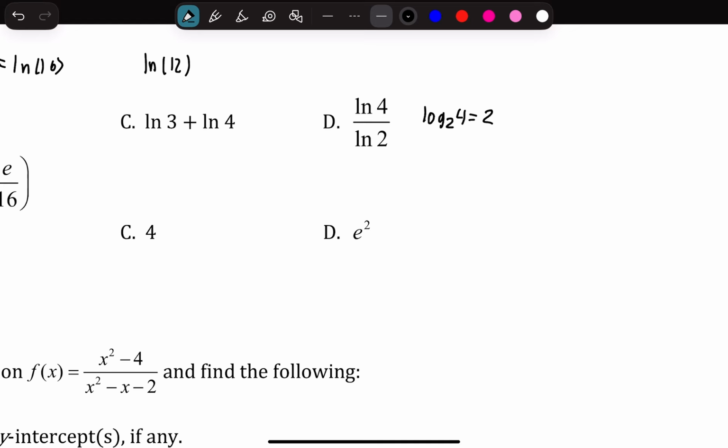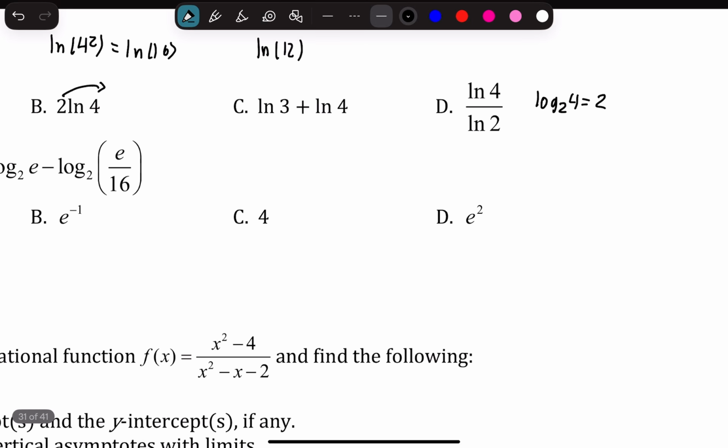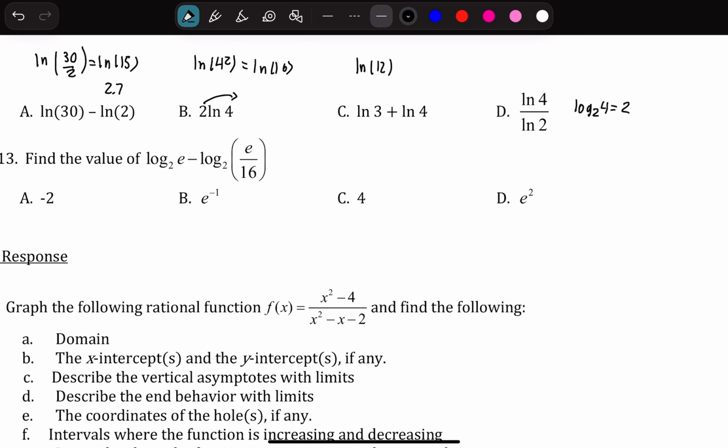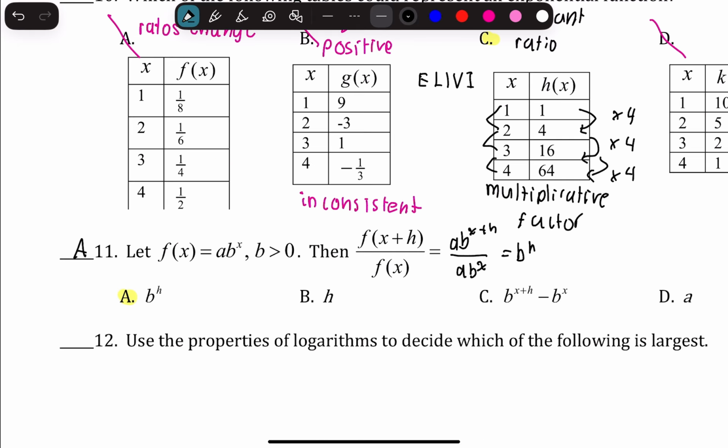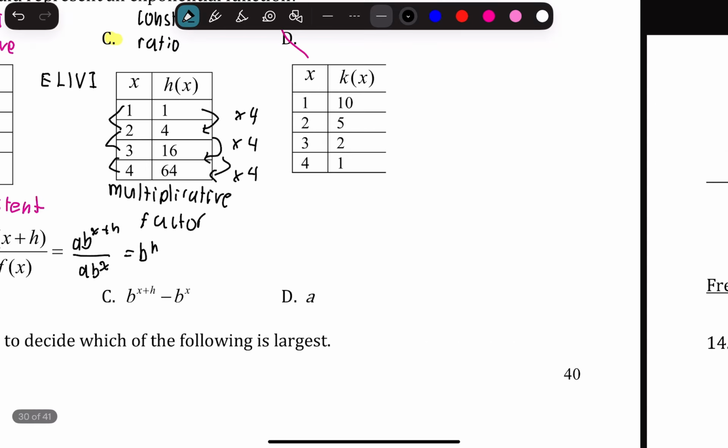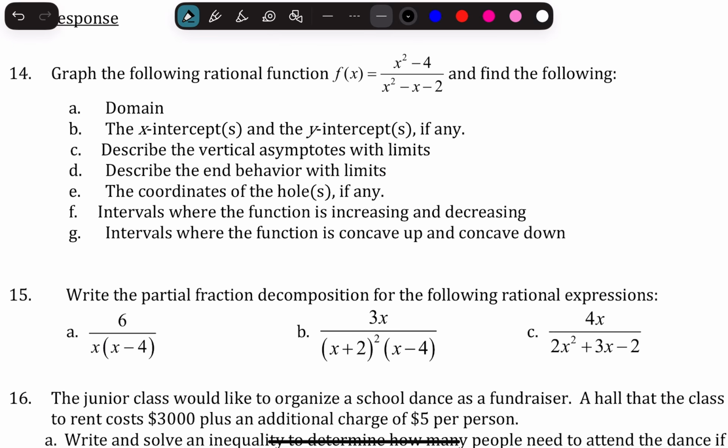Now, computing these numerical values, we can estimate that this is 2.7, 2.77, 2.48, and this is 2. So that means the largest is B. So this is B.